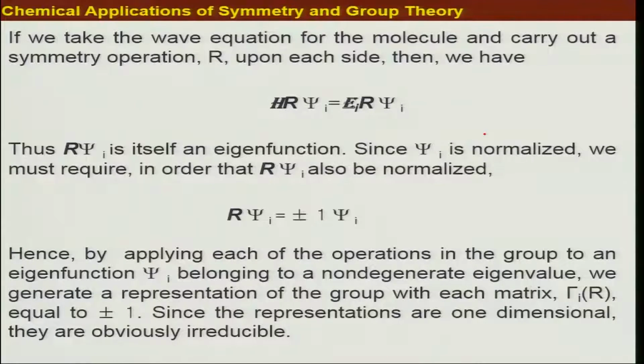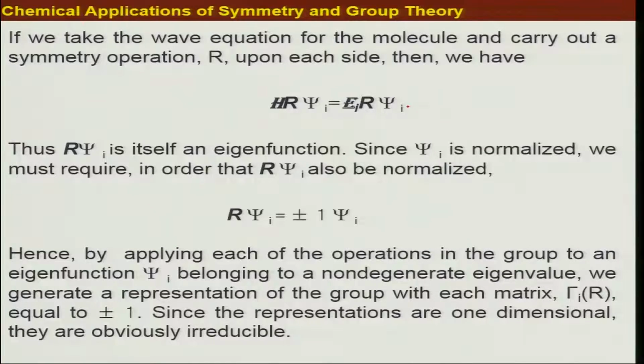Because H and R commute, they are not going to interfere with each other's duties. So when I operate the Hamiltonian on this R psi i, it is going to give me the same eigenvalue E i and return this R psi i. Therefore, this R psi i also acts as an eigenfunction of the Hamiltonian operator. That is obvious here.